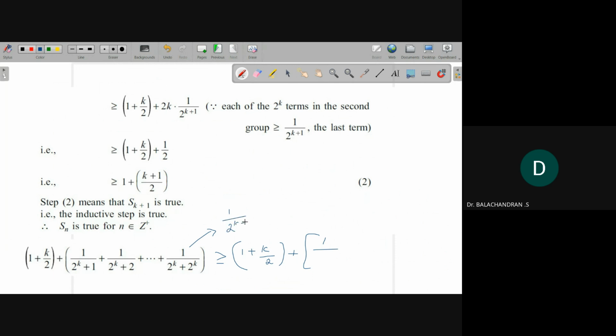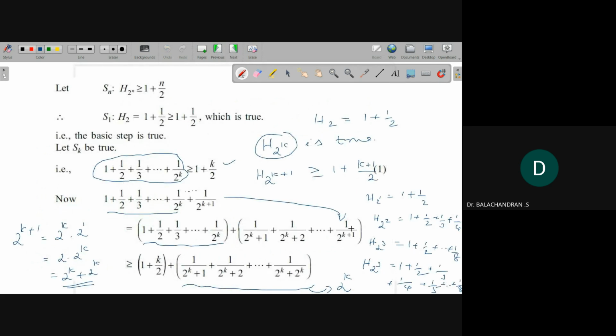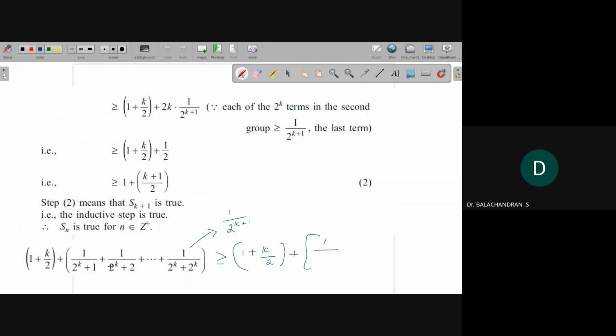So we can see here, this is nothing but 1 by 2 power k plus 1. Instead of this, I am going to replace it by 2 power k plus 1. So 1 by 2 power k plus 1 is greater than or equal to 1 by 2 power k plus 1.